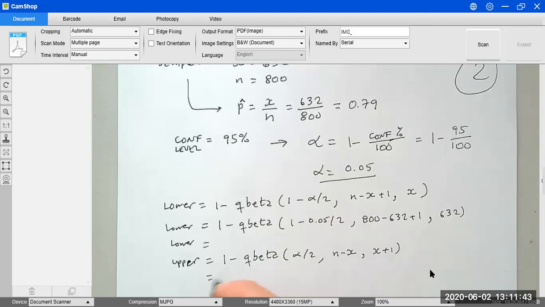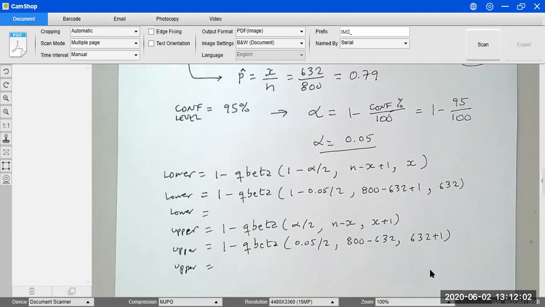So this is going to be 1 minus q beta 0.05 over 2 comma, n is 800 minus 632 comma 632 plus 1. So these are the computations to get the lower and the upper limit. So let's go and start working with our console and find the results.